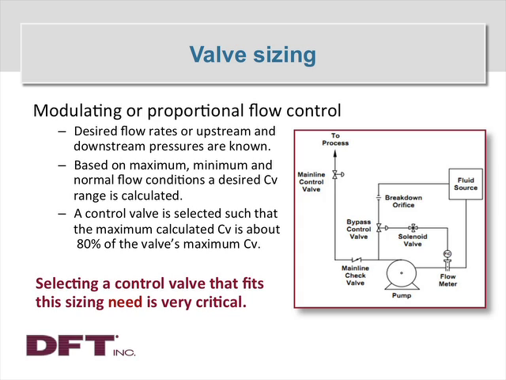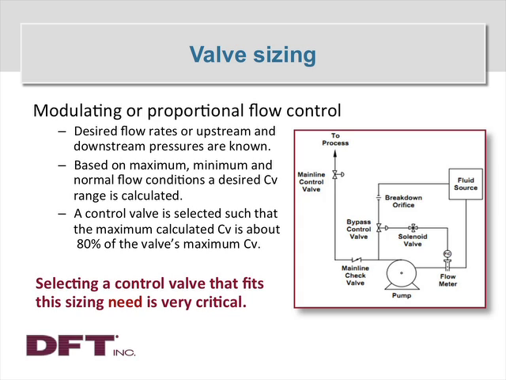And again, let me repeat that. So the control valve CV is going to be greater than the maximum CV that you're calculating for your flow conditions. And that margin is about 80% of the maximum of the control valve CV. No control valve does a great job in the extremes of its control range, either the top end or the bottom end, and manufacturers might give you different capabilities of their particular design.